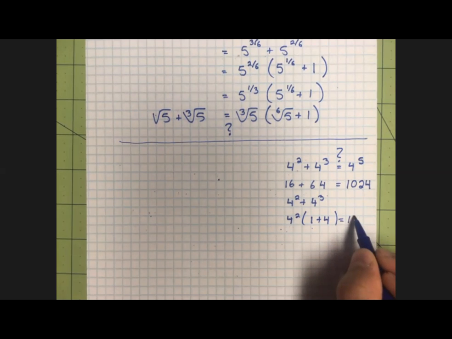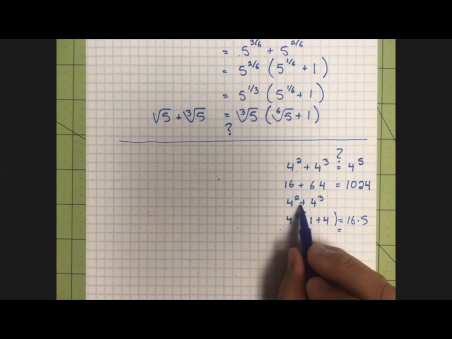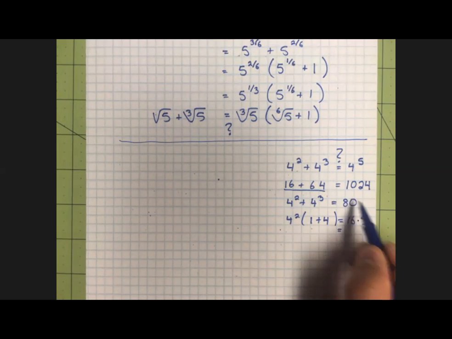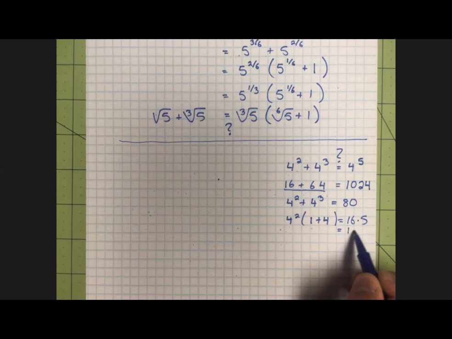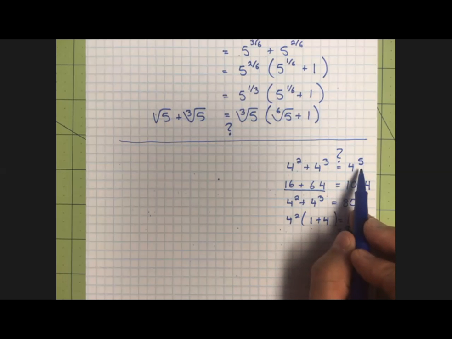And 4 squared is 16, and 1 plus 4 is 5. So 4 squared plus 4 cubed, as you see, is 80, because 16 times 5 is 80. But not just add the exponents.